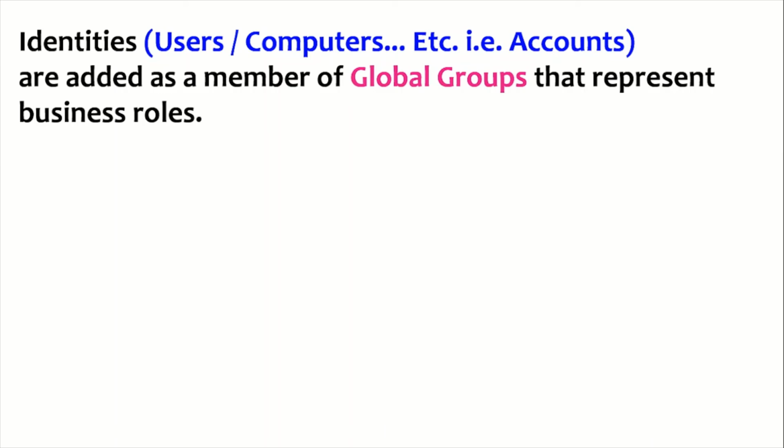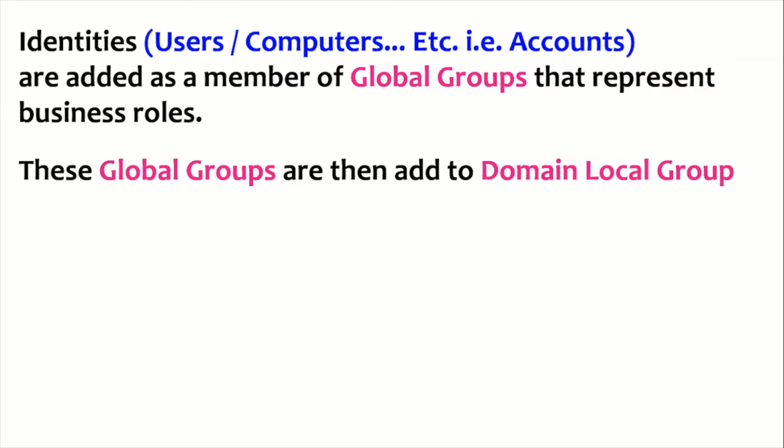So let's take an example over here. Identity can be a user, computer, or account, and is added as a member of a global group that represents business roles. So the identities will definitely represent a business role. Then these global groups are added to a domain local group.